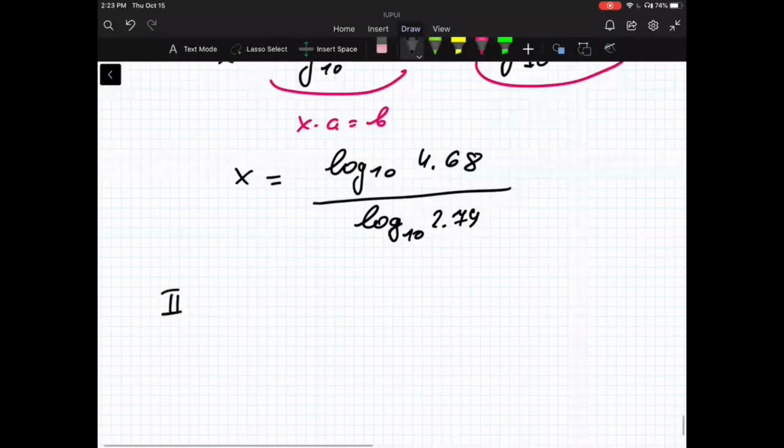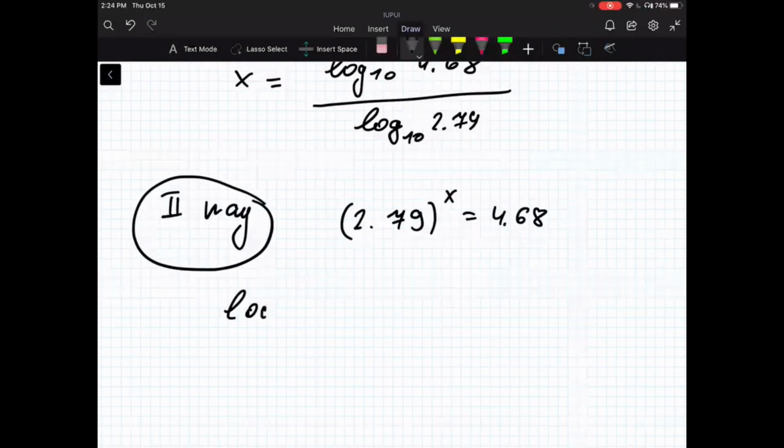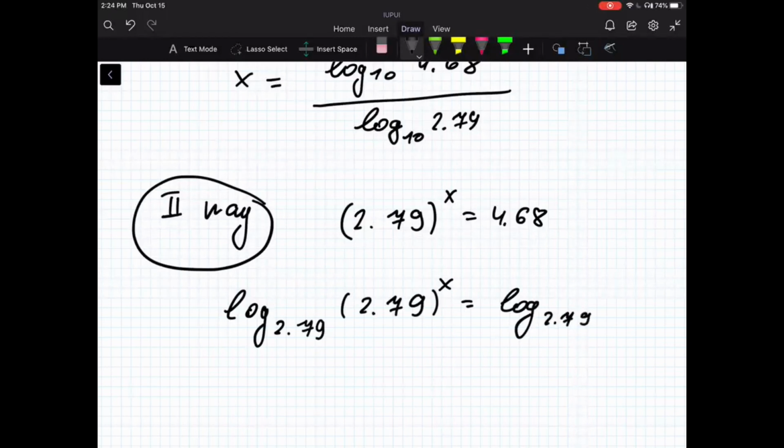Second way, again, it's using the fact that logarithm is inverse function of the exponential function. And let's apply the logarithm with base 279 to both sides. And so here, again, I have logarithm of the same exponential function.